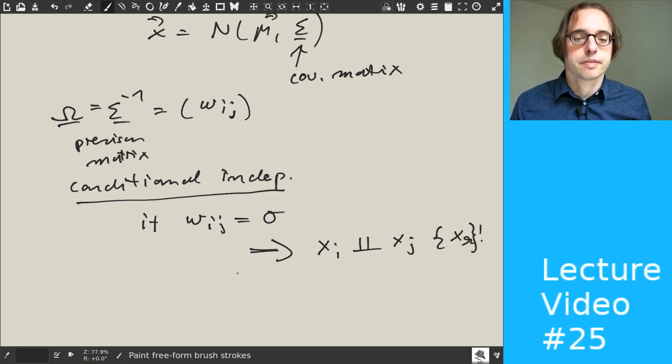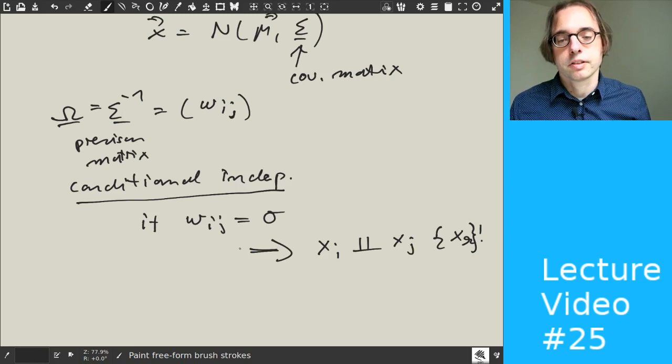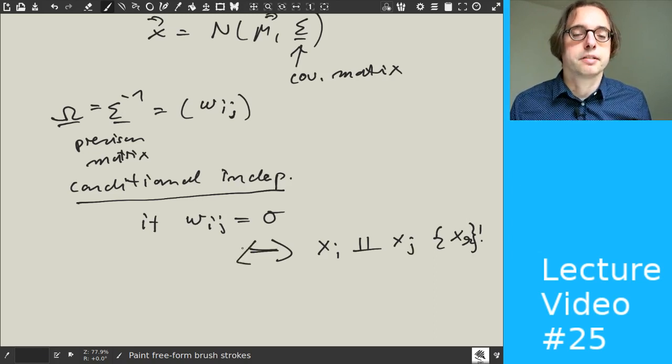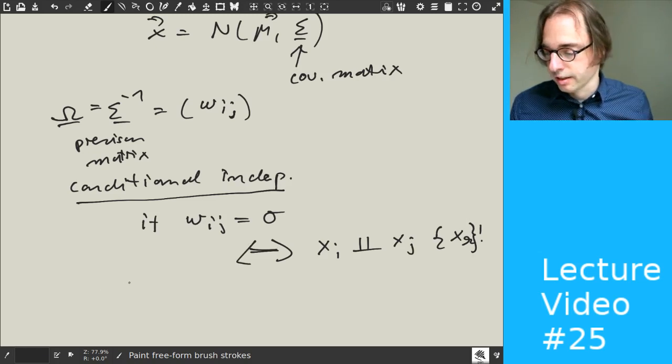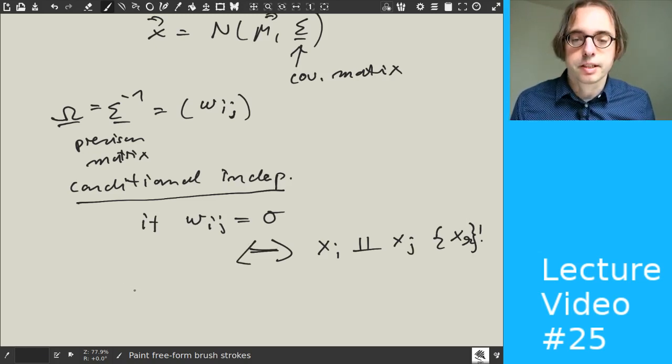And it actually goes both ways. That's called a conditional independence model, or covariance selection graph.